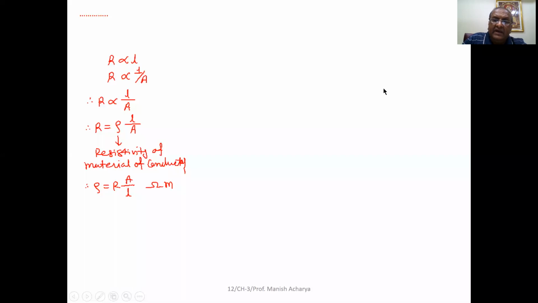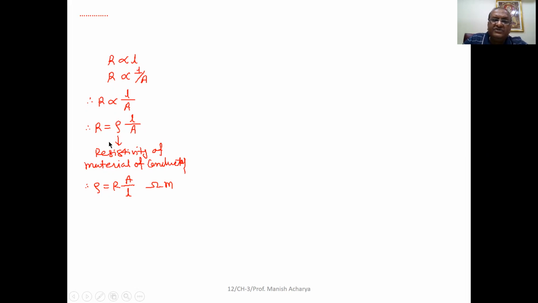Now, experimentally we observe that the resistance of the conductor is directly proportional to the length of the conductor, and inversely proportional to the cross-sectional area. Collectively, the resistance is proportional to length upon cross-sectional area. The proportionality constant we introduce is rho.